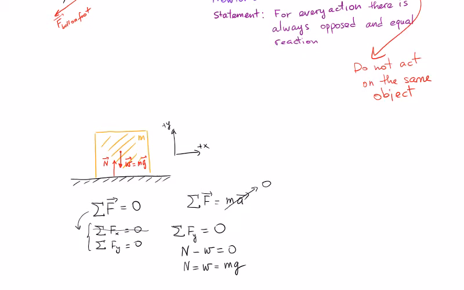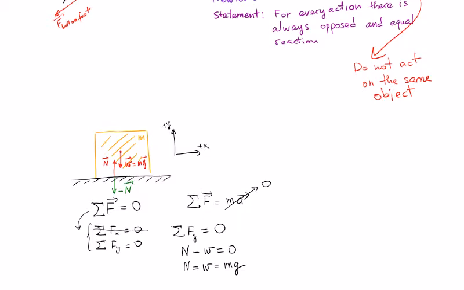In reaction to N, the normal force, the block exerts a downward force on the table that is equal in magnitude to N and has opposite direction.